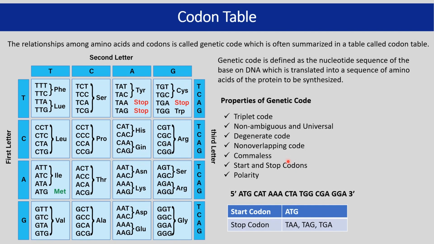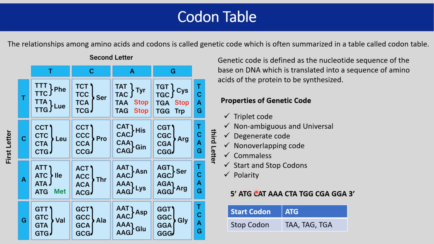Non-overlapping code. The code is always read sequentially in groups of 3, and a nucleotide which becomes a part of one codon can never be part of another codon. So the code is commaless. That means every codon is adjacent to the previous one without any nucleotide between them.